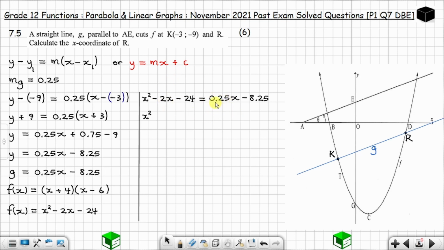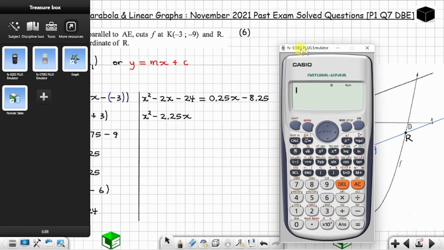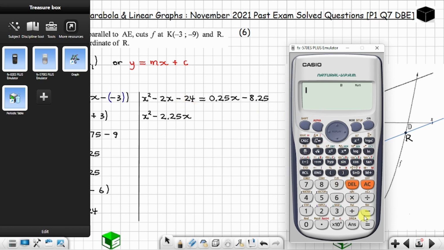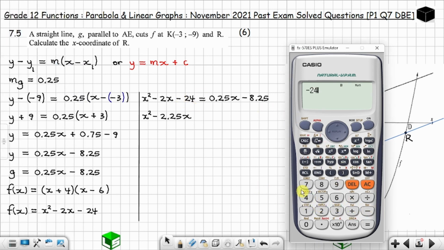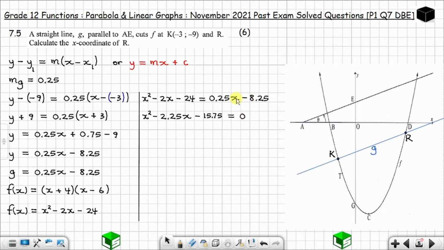You bring this to the other side, it becomes negative 0.25x, so this becomes negative 2.25x. Then you have negative 24, and you bring this, it becomes positive 8.25, which is negative 15.75, and you remain with 0 on the other side. So you have brought everything to one side.